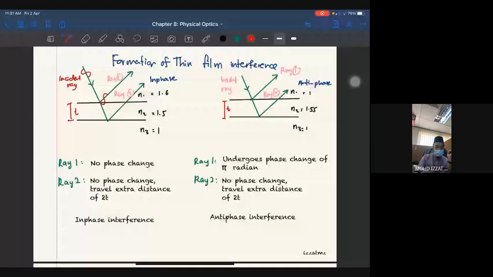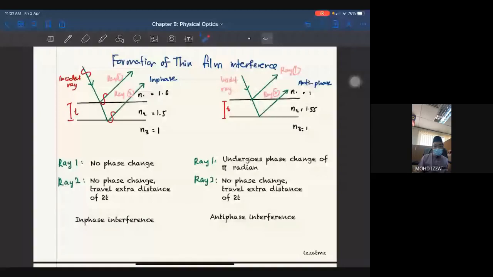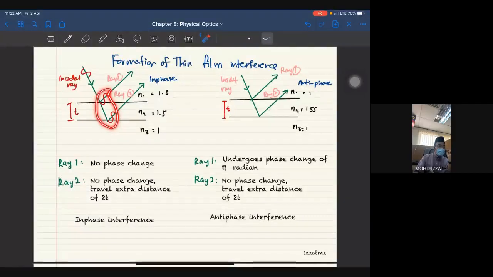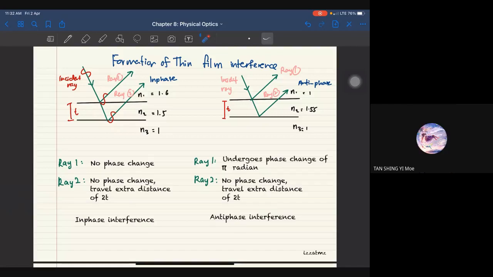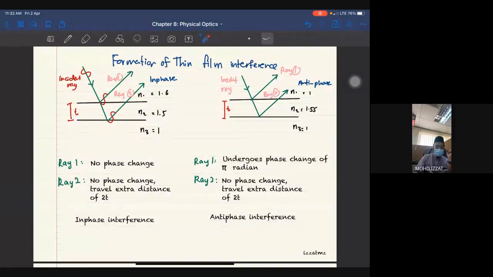So again I draw the same pattern as the incident ray, because there is no change. We assume the shape stays the same. This is just to help you picture it; in the real world it is a bit different, but to help your understanding, it is like this. So you can see clearly between ray 1 and ray 2, at the starting position, are they in phase or antiphase? In phase. Yes, in phase, because you can see clearly the shapes are the same. Because of that, they are in phase.